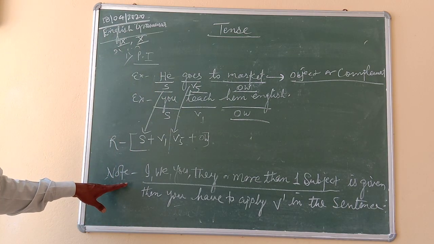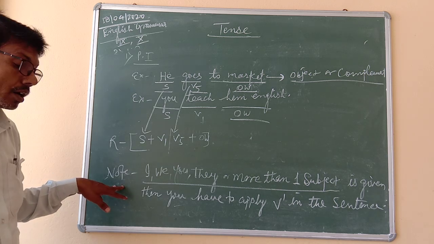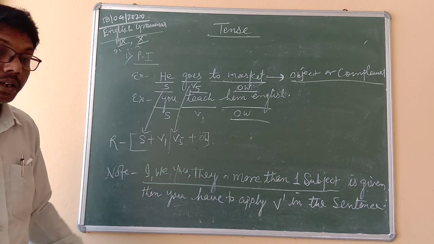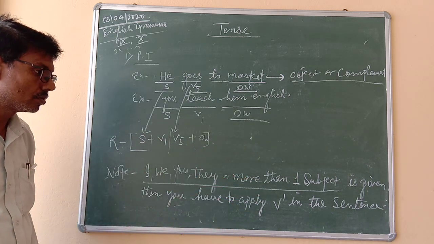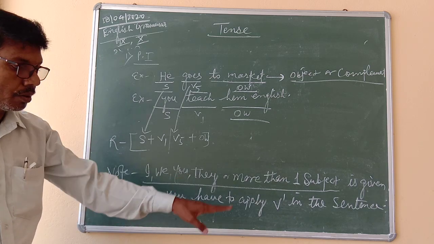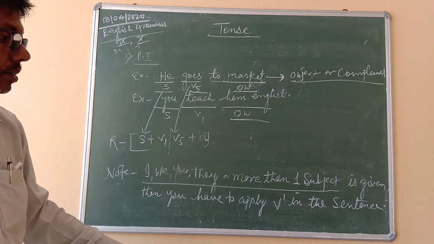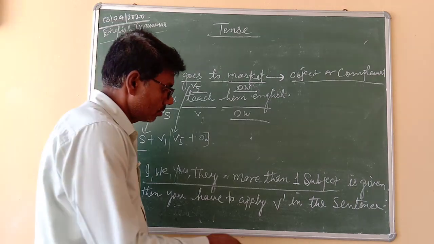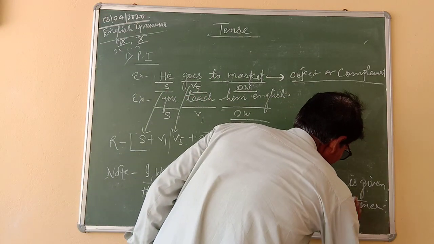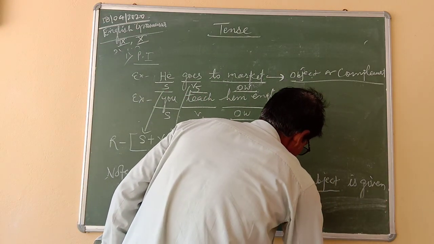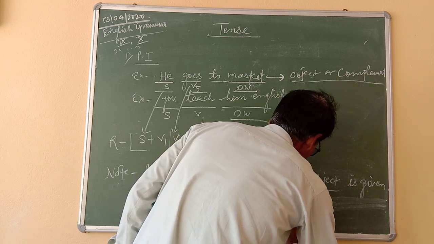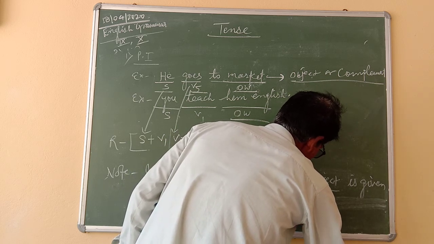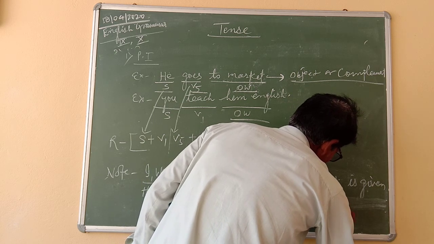When I, we, you, they or more than one subject is given, then you have to apply first form of the verb given in the sentence.